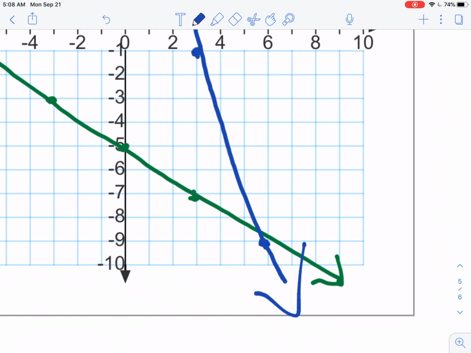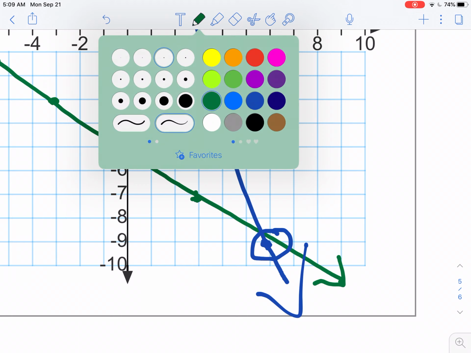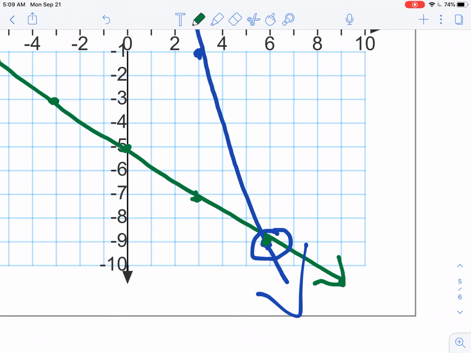Alright, so we're going to see that there's a point right here, right? It doesn't quite look like it goes through, but I think that's our best bet to see where they both go through. So let's just double check. From this green line, we get a slope of negative 2 thirds, so from the point negative 7, this point right here, we go down 1, 2, and we go over 1, 2, 3. So that green line would also be at this point.